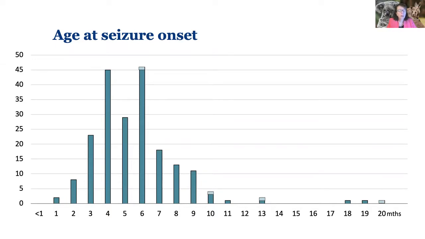We don't have full data for every patient, but they're hugely large numbers of patients. You can see here that there are some that are out after the 12-month age group. The median onset was 5.75 months of age, and here you see the 12-month point.